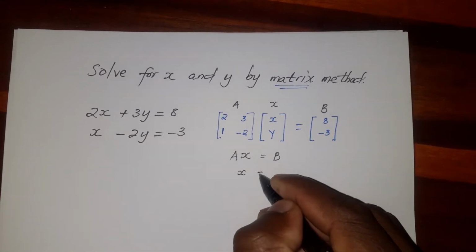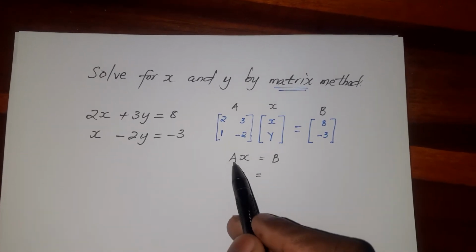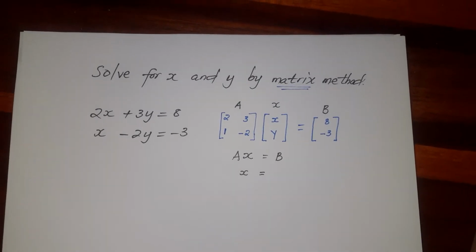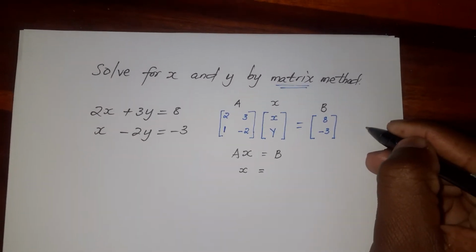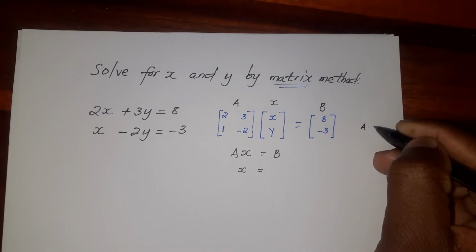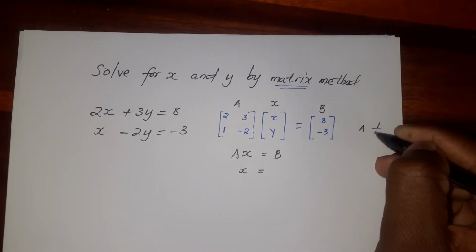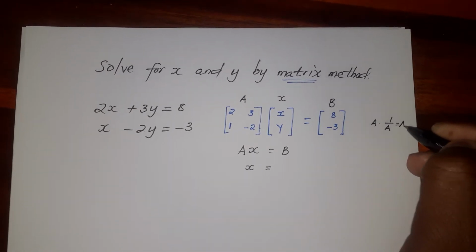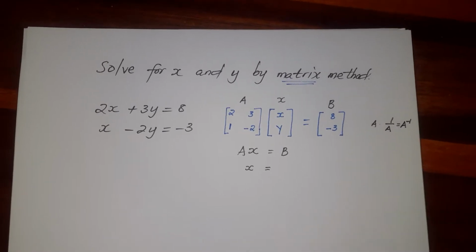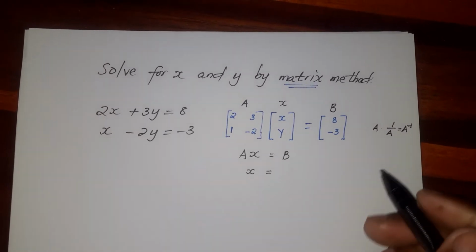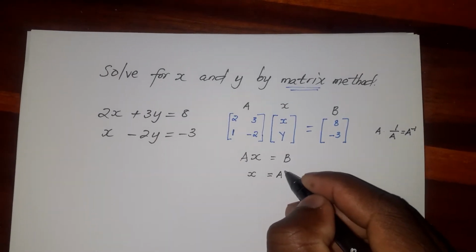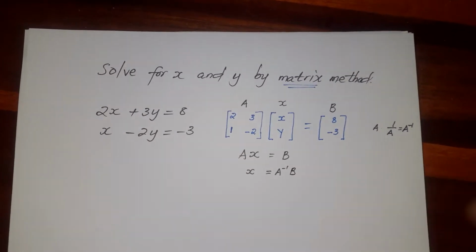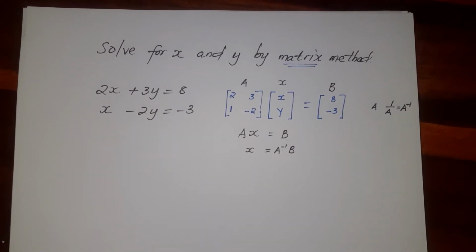To find our x, we have to get the inverse of A. By definition, the inverse of A is 1 over A, which is the same as A to the power negative 1. So we write inverse of A, and then times B. That is what we need.